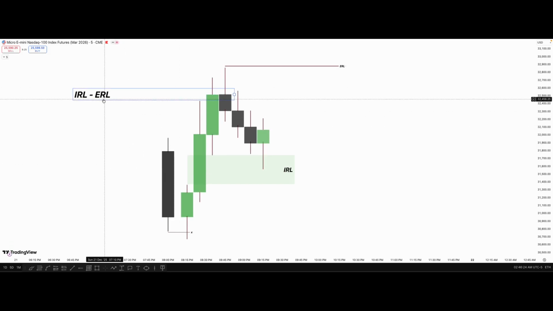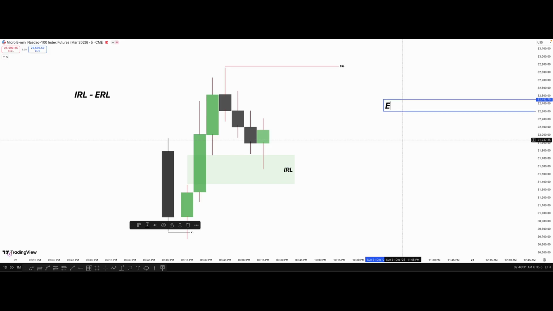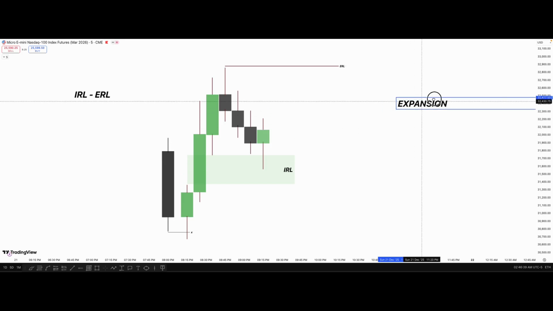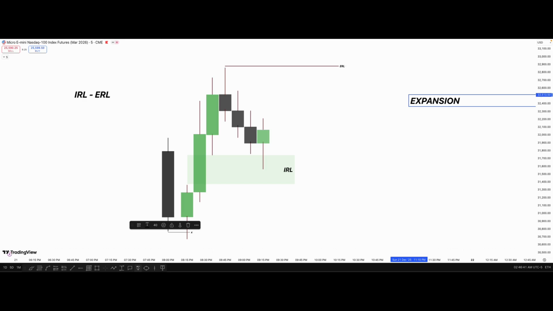In the first phase, what is happening? The first phase is your expansion phase, then comes your retracement, right?